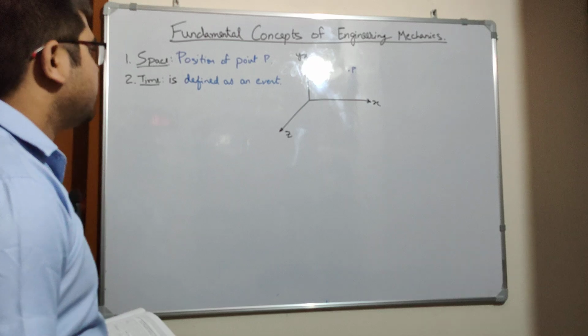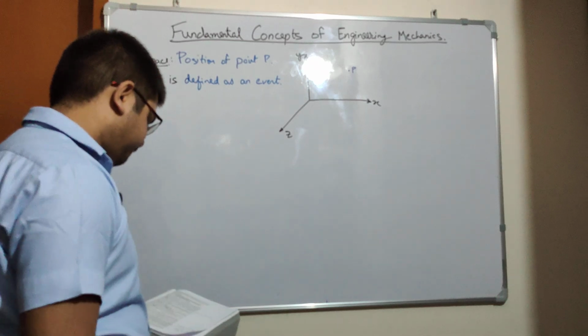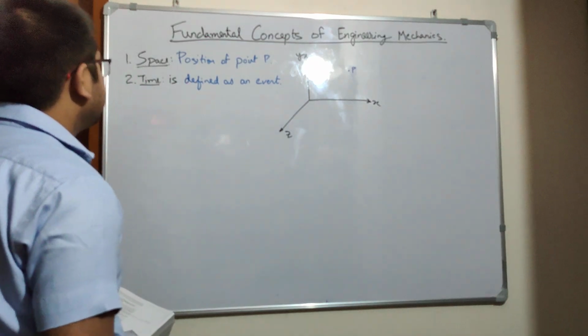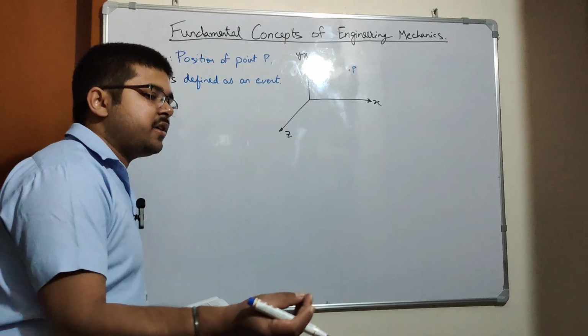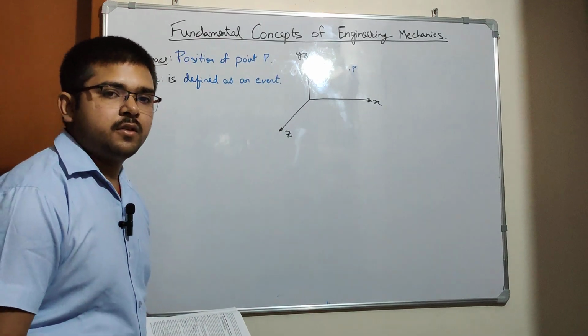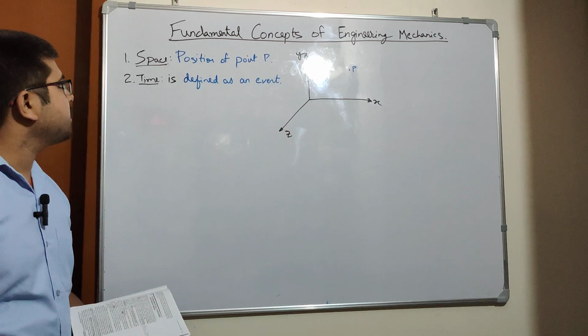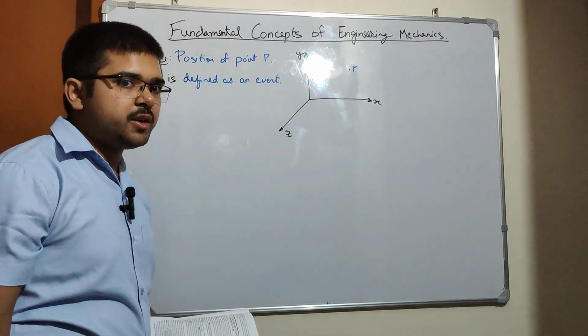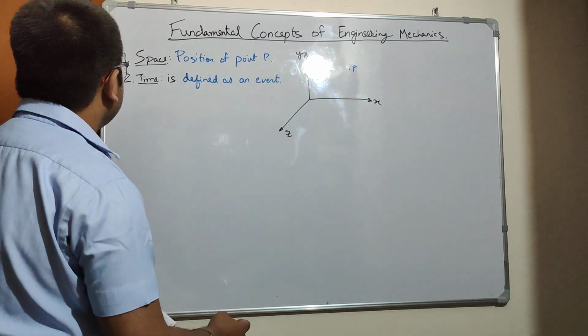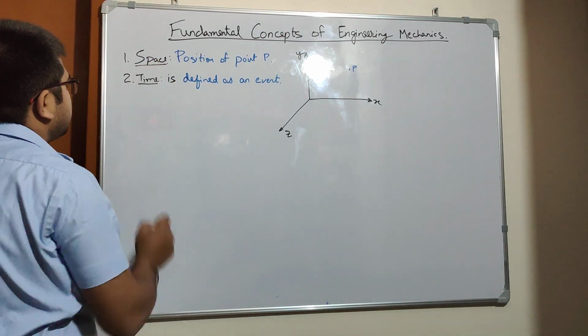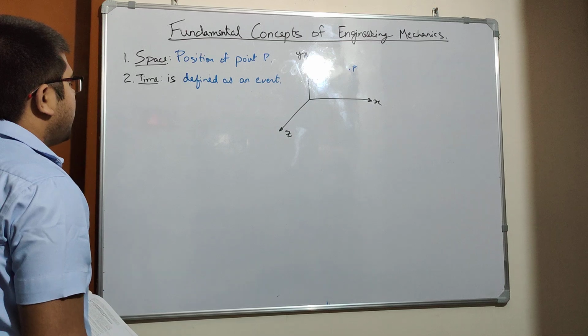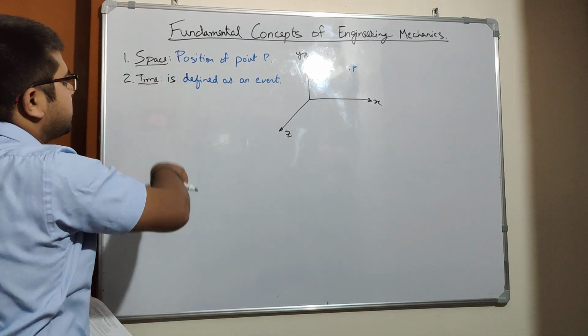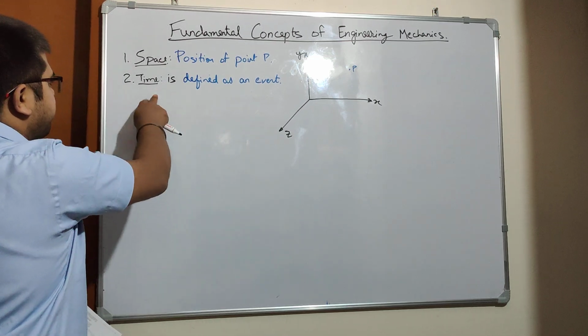An event is taking place. So to define an event, we need to specify two things. It's where the event is taking place, that is the space, and at what time it is taking place, that is called time.